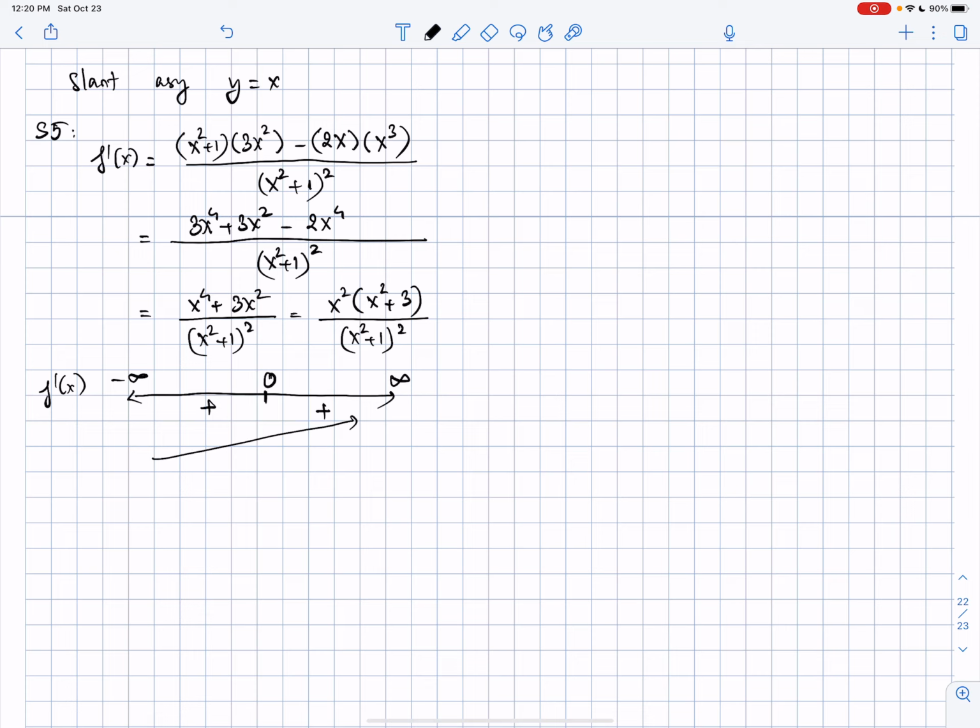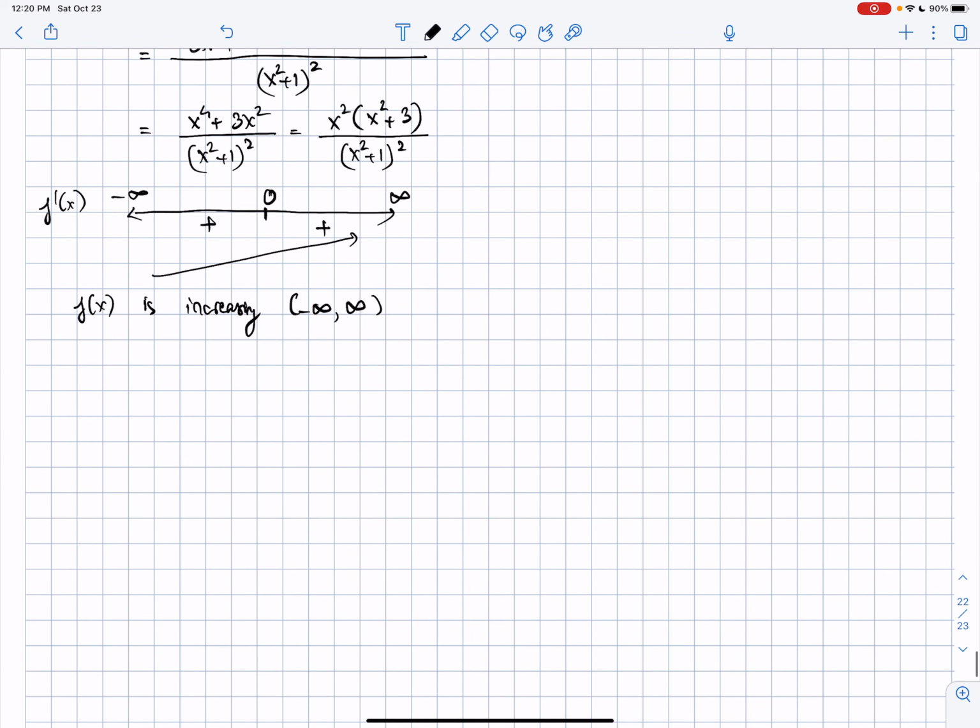So the function f of x is increasing from negative infinity to positive infinity. We don't have increasing, decreasing, and so on. So in step number 6, we can say that there is no local max and also no local min.